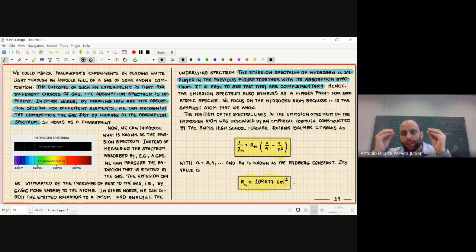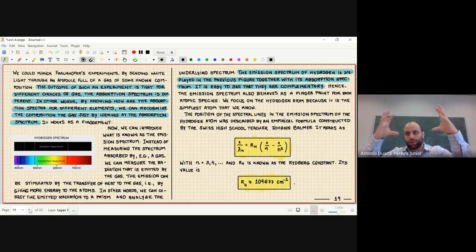So the colors that are missing in the spectral representation of a radiation are like a fingerprint of the material. Each material will absorb a different collection of colors. And this is a very important remark, because this is exactly what people used, for instance, to tell what a given star was made of.